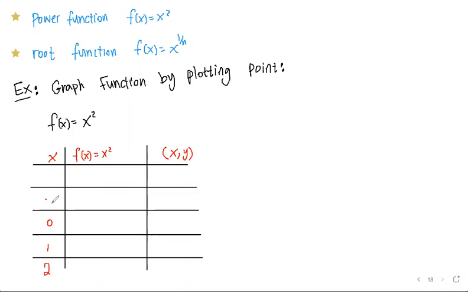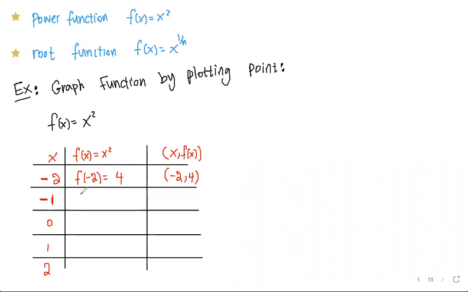Negative 1, negative 2. So I choose these points: negative 2, negative 1, 0, 1, 2. Now you plug these points inside the function to get the y coordinate. Here, I'm going to use the f of x coordinate, which is the same. So you plug negative 2 inside this function, f of negative 2. What is the answer? 4. So the point is negative 2, 4.